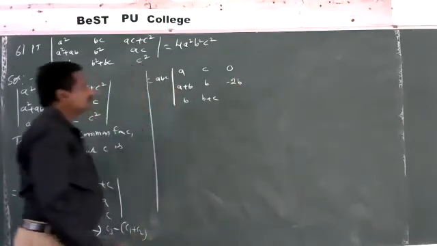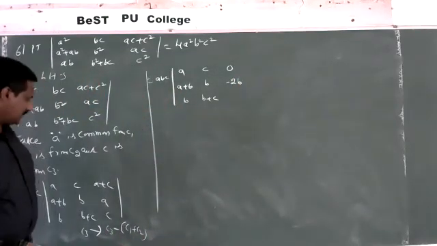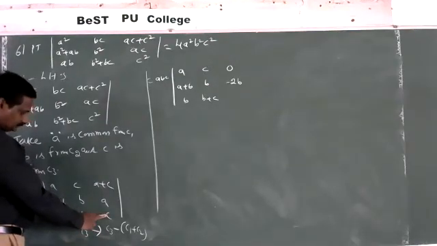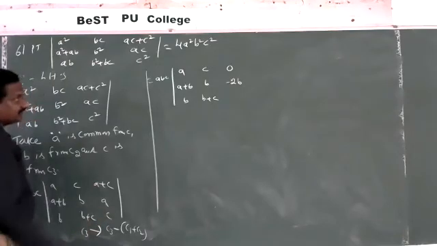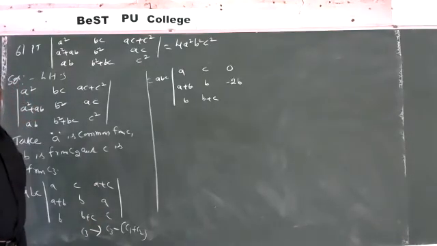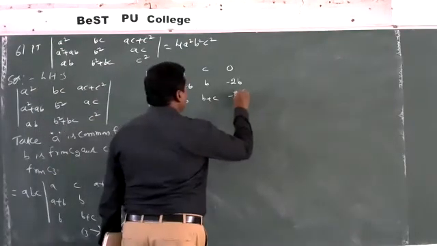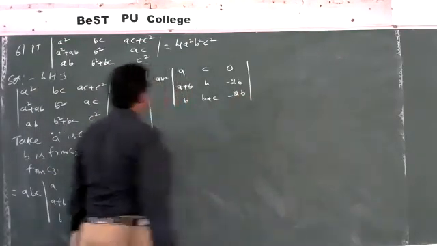Minus 2B. Here C minus B minus C minus B, it also becomes minus 2B. Okay. It is also minus 2B.